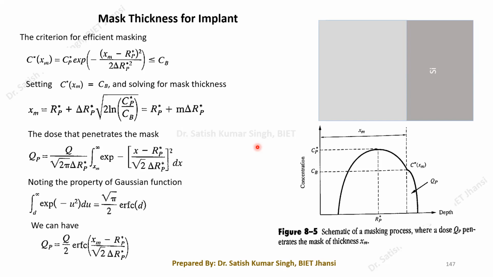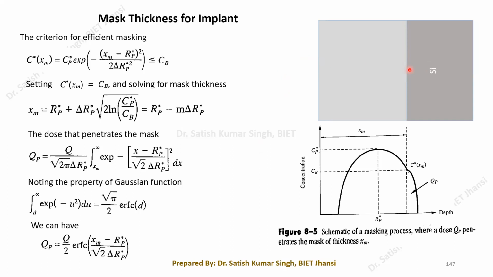In case of doping using the diffusion method, a very thin layer of SiO2 can act as a mask. But in case of ion implantation, the high energetic ion beams are able to penetrate the SiO2 layer, so we need a thick layer of SiO2, of a particular thickness.